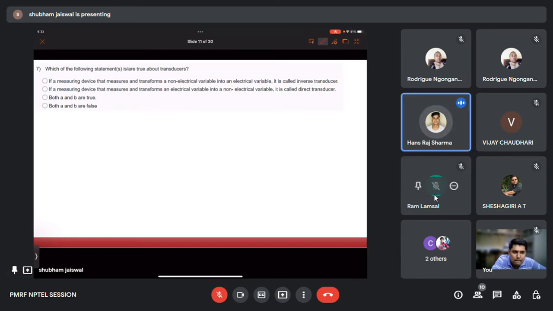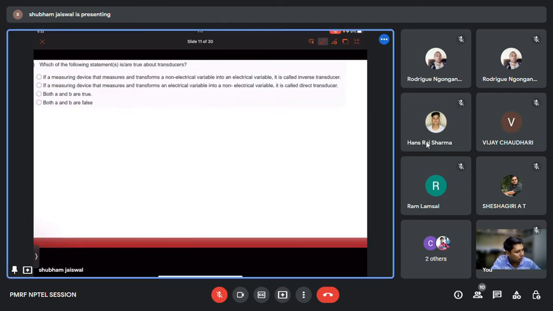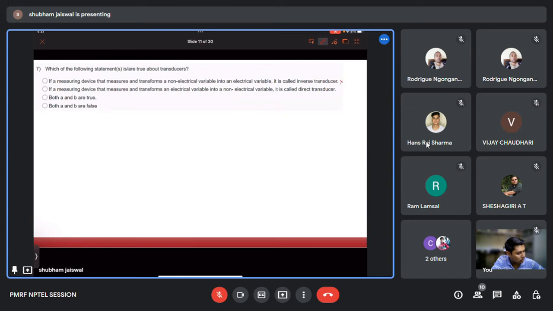In the inverse transducer, the electrical quantity is converted into non-electrical quantity. The reverse is written in these statements. So this one is also wrong, and this one is also wrong. So the correct answer is the last one.